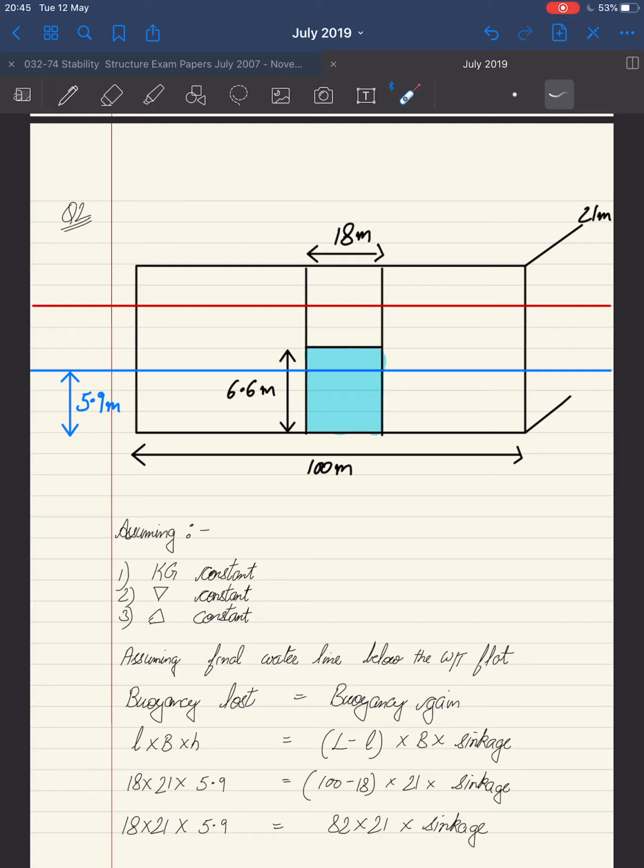So it is quite clear in both these cases that in the initial water line, the length of the vessel was the same, which was 100 meters, and breadth was also the same, which is 21 meters. And in the final water line, the length was also the same, which is 100 meters, and breadth was 21 meters.